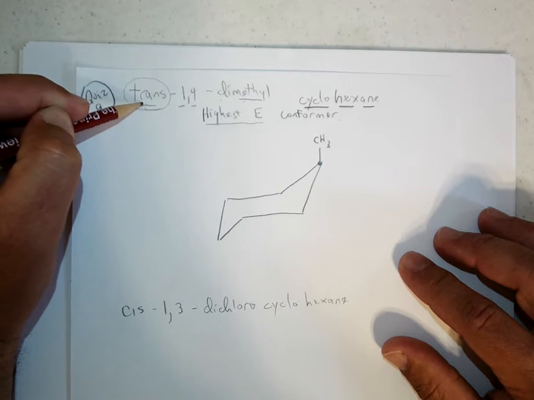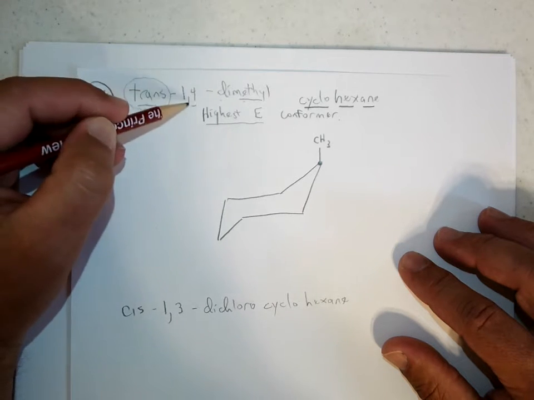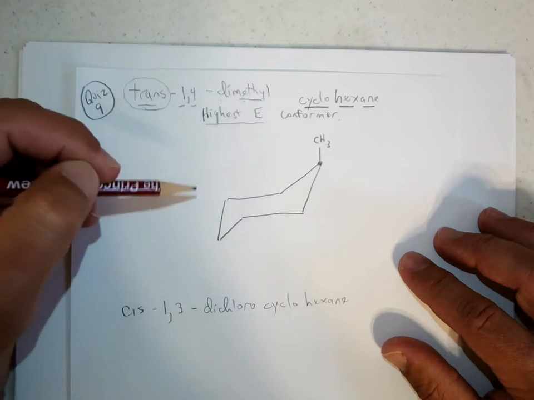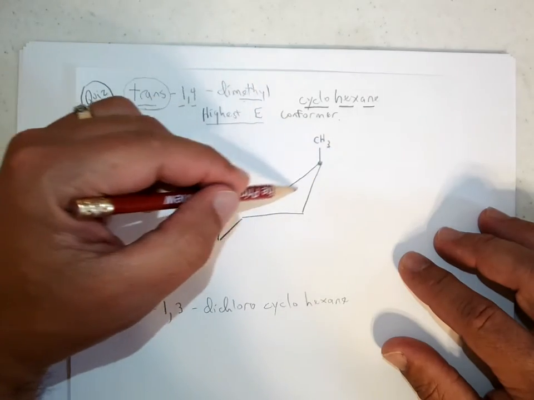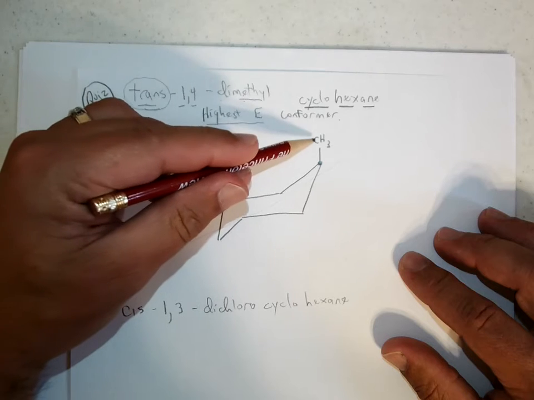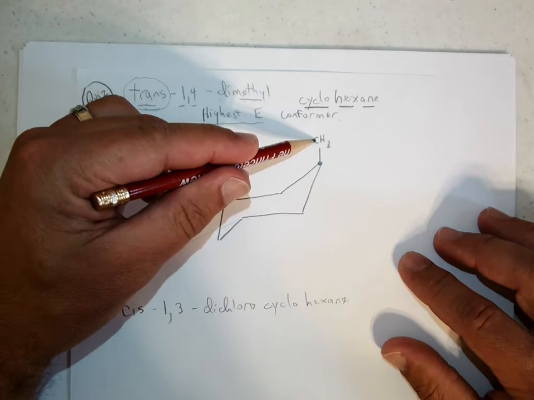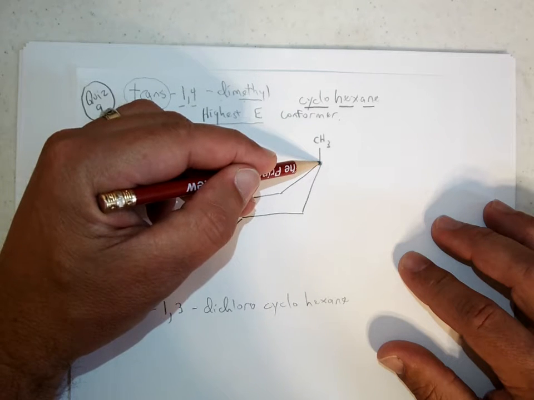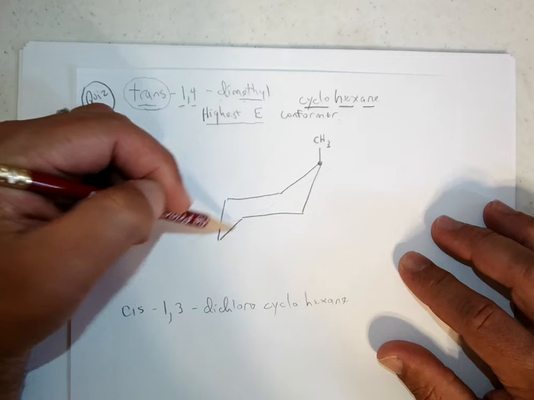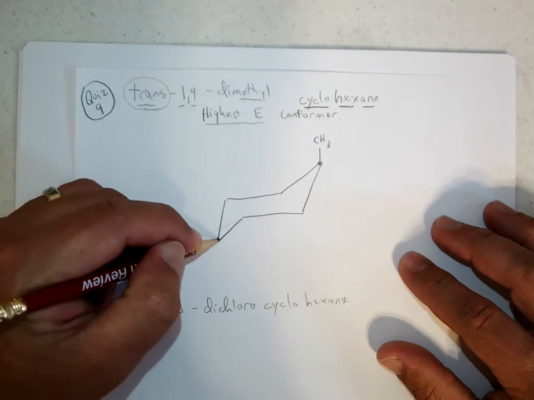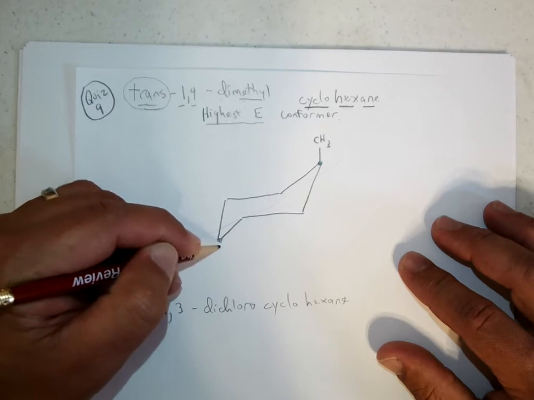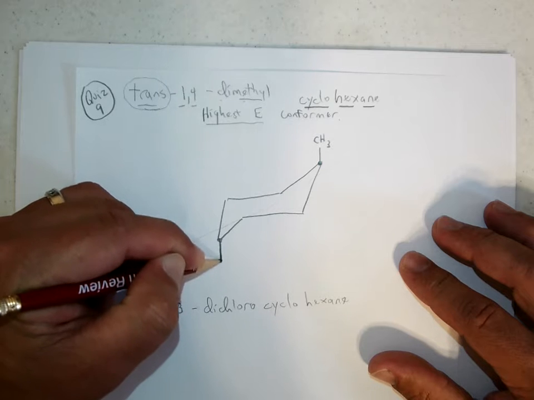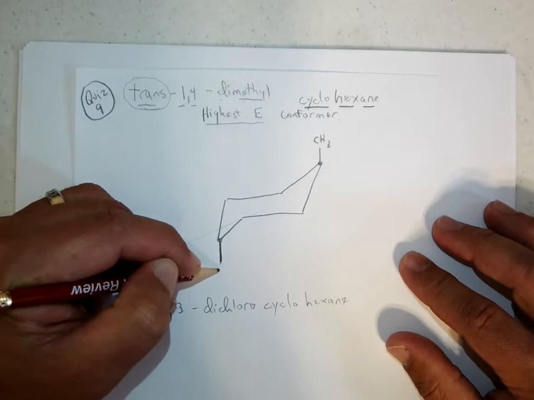If this is a trans isomer, then the 2 methyls have to be on opposite sides of the ring. So this is the plane of the ring, this methyl is on the top, the other one has to be on the bottom. So I go methyl on carbon 1, carbon 2, carbon 3, carbon 4 has a methyl, and now, since this is a down-pointing carbon, the substituent on the bottom of the ring is going to be straight up and down and be axial.